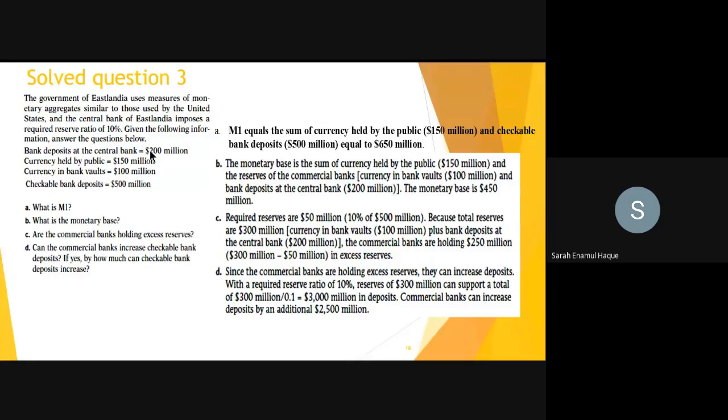From this, only 50 million is the required reserve. So how much is the extra reserve or the excess reserve? It will obviously be 300 million minus 50 million. That's the excess reserve that the bank has. Okay? Any question on this?